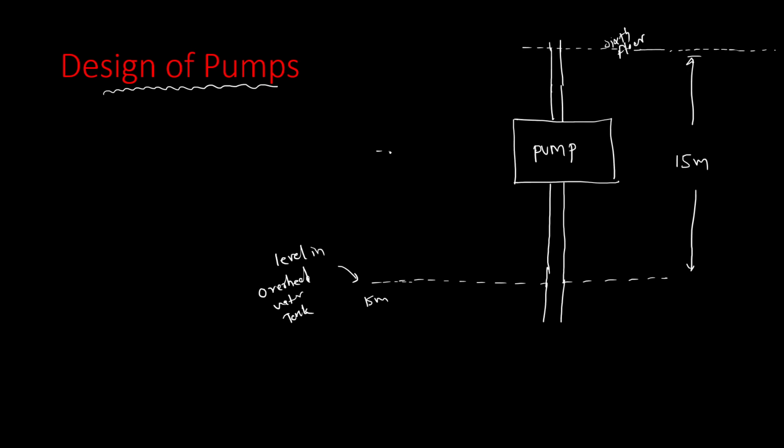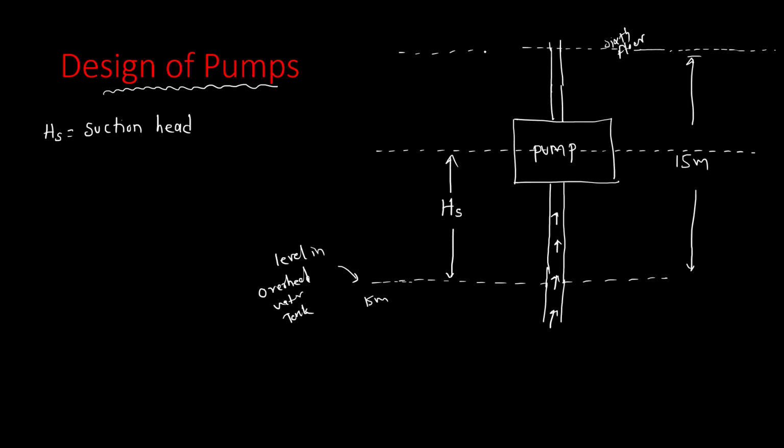Now if we draw the center line of the pump, then this head is called the suction head. HS stands for suction head. That is, water is sucked from this point into the pump. So this is the suction head.